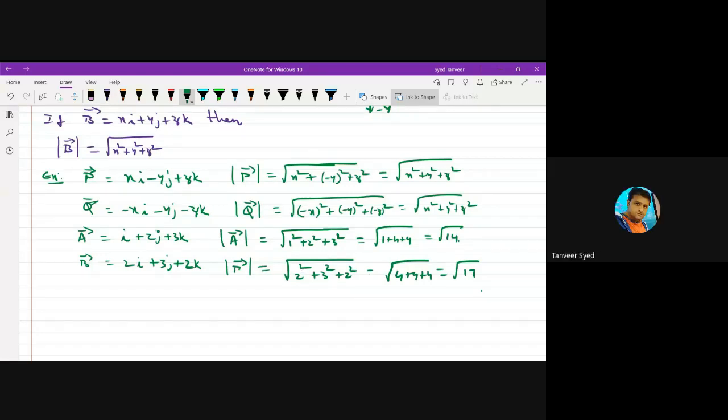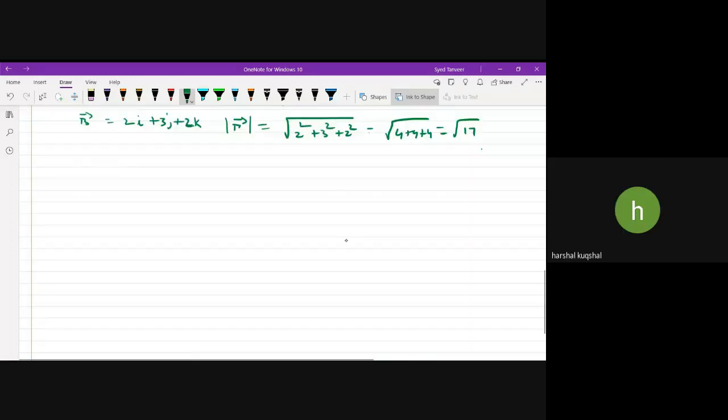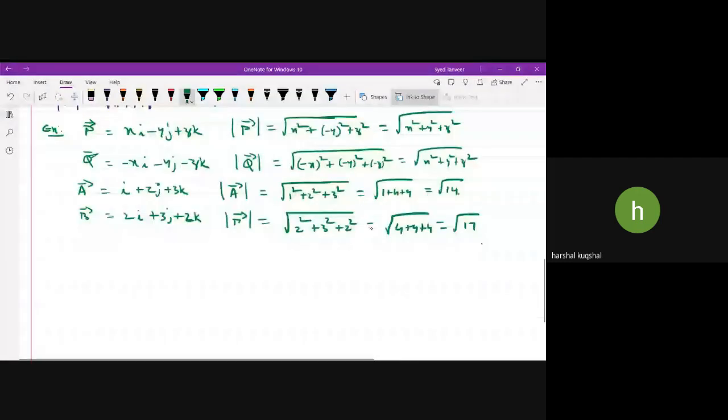Sir, if the magnitude value is the same for all the three components, can we use root 3 a, where a is the value of the magnitude? Because this is the same as the formula for the diagonal of a cuboid.